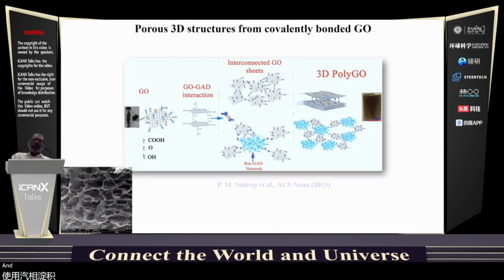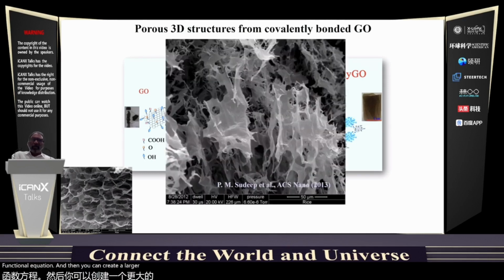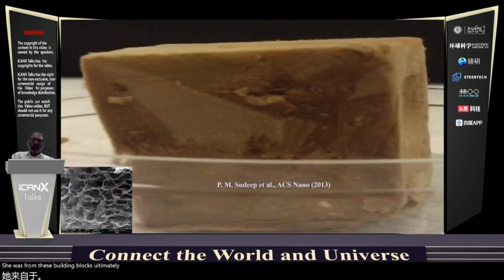And there's also the other aspect where you can make these structures using chemistry, whether it is a nanotube or a graphene platelet. There are ways of interconnecting these using interfacial chemistry and functionalization, and then you can create larger structures from these building blocks, ultimately leading to really bulk materials.